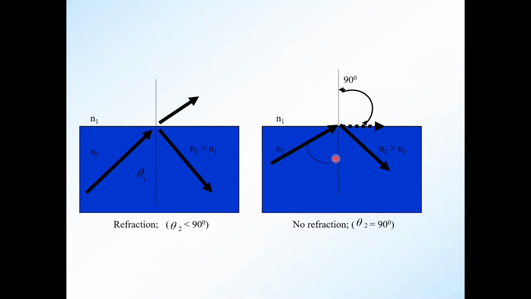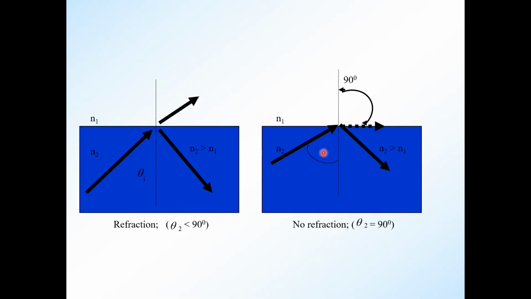Critical point in the sense that if I further increase my angle of incidence beyond this, my ray will no more go to the rarer medium, but will be reflected back into the denser medium. That is, whatever was supposed to go out at this angle of incidence is reflected back into the medium.